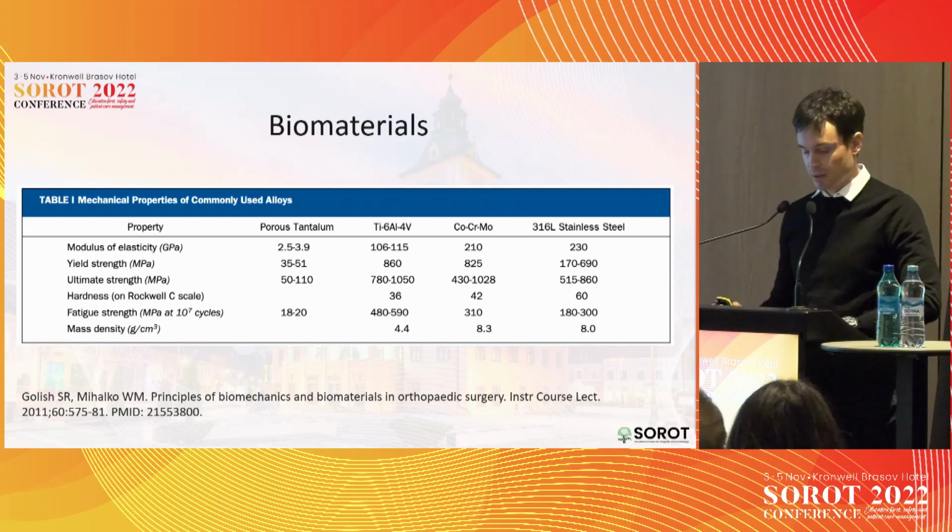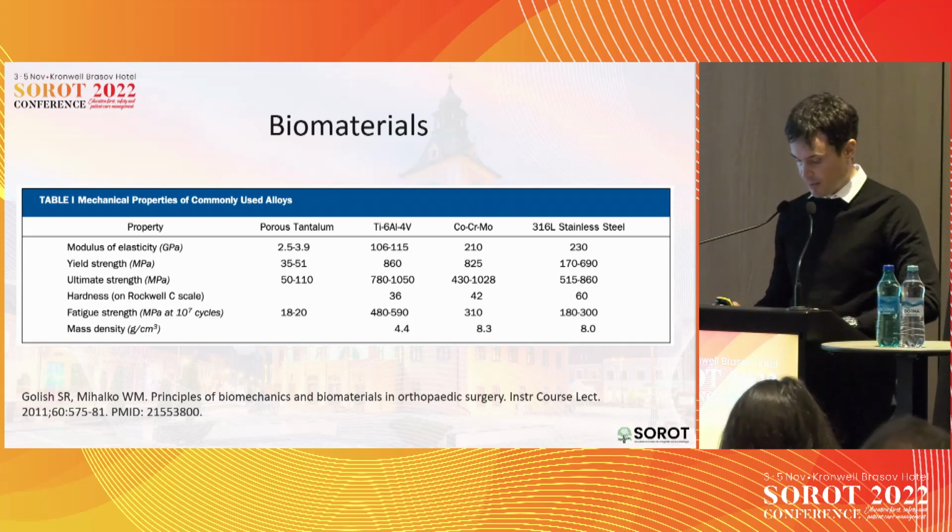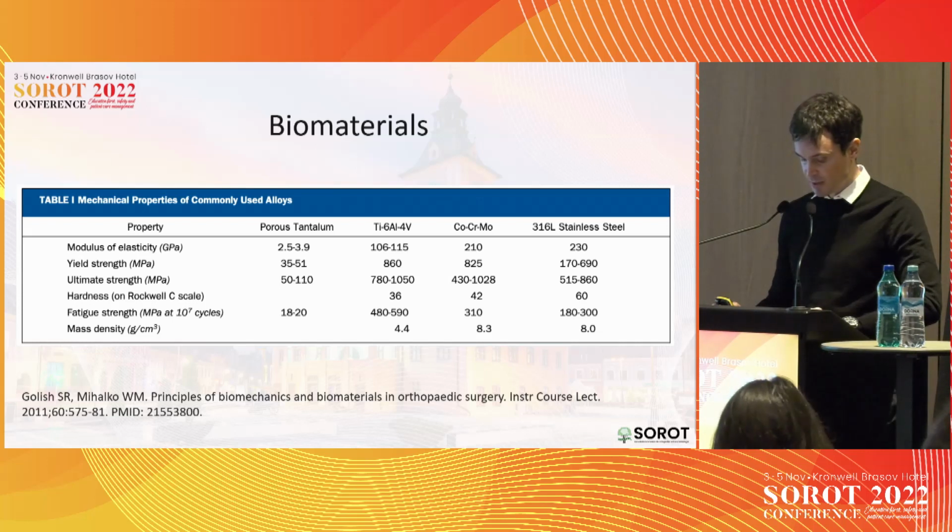This is just one of multiple examples of how a better understanding of biomechanics and material properties enhances a surgeon's ability to make an educated decision concerning the products utilized in the treatment of his patients.